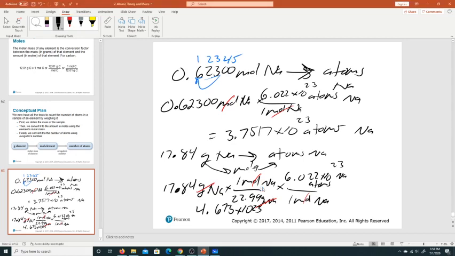So 4.673 times 10 to the 23rd. It's a little tight on space over there, but that's how you solve that problem. So with 2 steps, going from grams to atoms, we need to put the atomic weight in the middle.